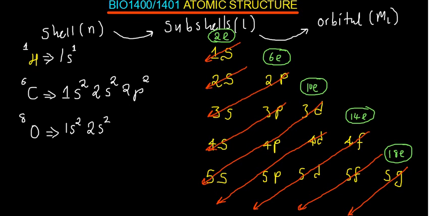From the 2s, you're supposed to fill up the 2p. Remember the 2p can have 6 electrons, and you've already used up 4. So from the 8, 4 are remaining, and you don't have a choice but to put the 4 there. You can see that the p orbital should have 6 electrons, but this one only has 4. That is why oxygen gains 2 electrons to fill up the p orbital.